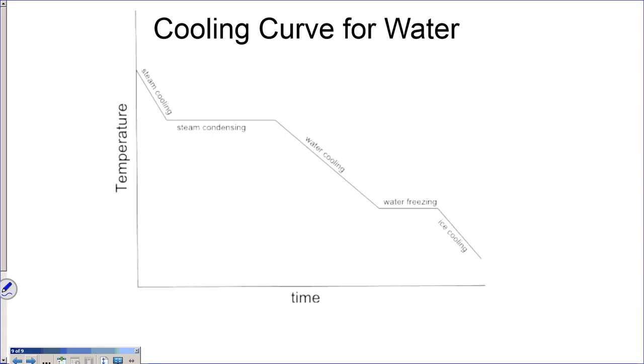One thing to note is if you see one that looks like this, remember this one is a cooling curve for water, so it's kind of flipped from the heating curve. You're using the same numbers, but it's all negative temperature changes or negative energy. Energy is being taken away. So one thing to note, if you're doing these calculations, they work in the same way.